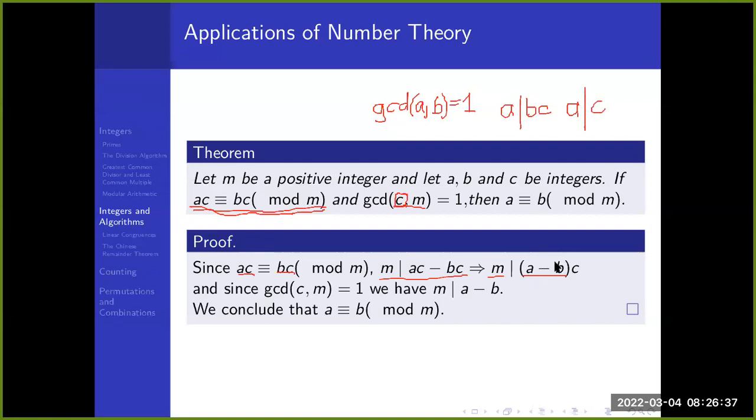But what plays the role of C here is this A minus B, and C plays the role of B in this theorem. So this shows us when we can divide by the same constant on both sides.